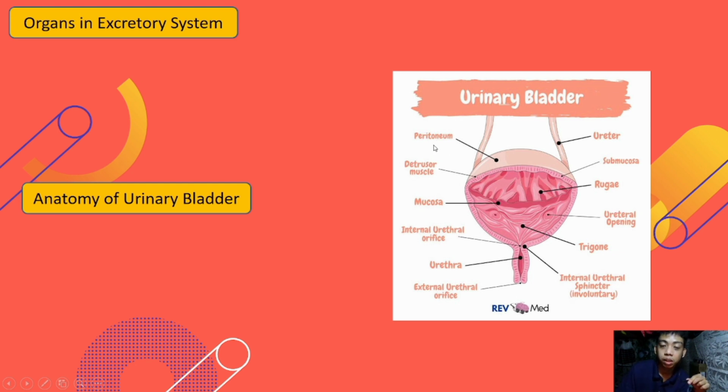So we have its parts called peritoneum, detrusor muscle, mucosa, internal urethral orifice, urethra, external urethral orifice, urethra, submucosa, mucosa, rugae, urethral opening, trigone, and the internal urethral sphincter, which has involuntary movement, so we cannot control its movement.